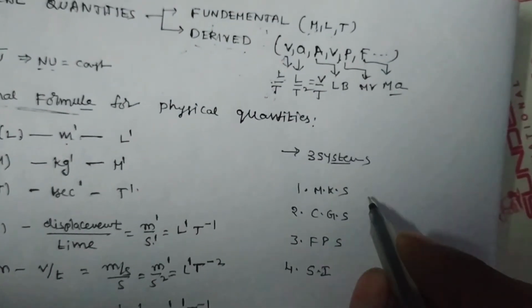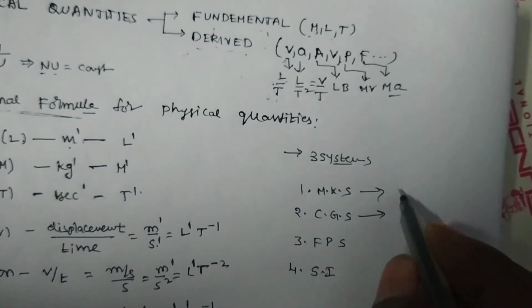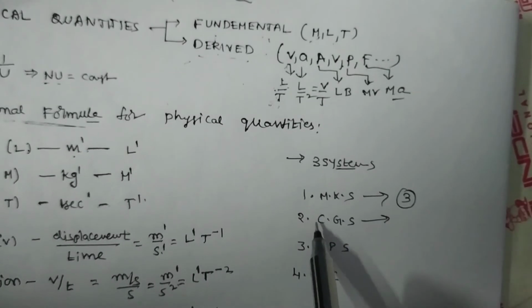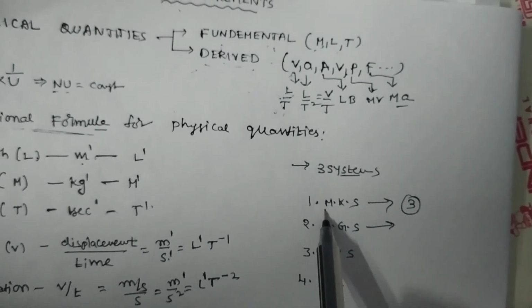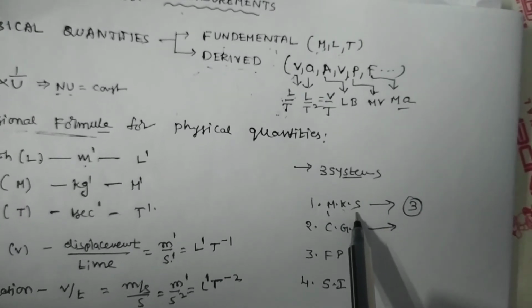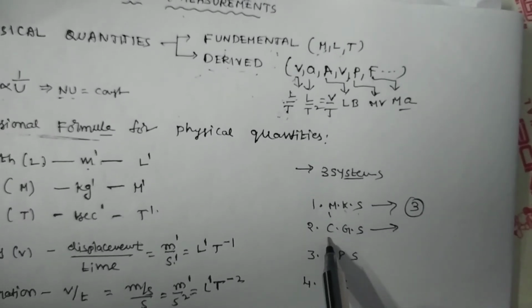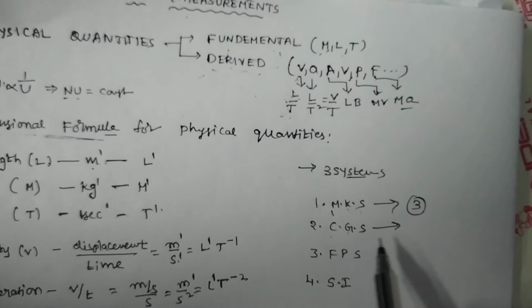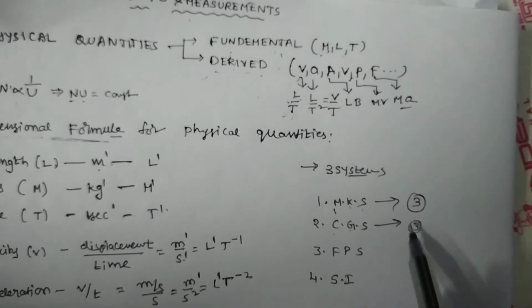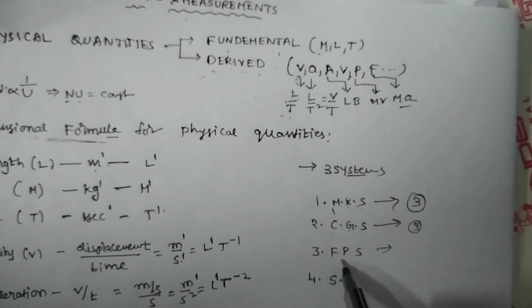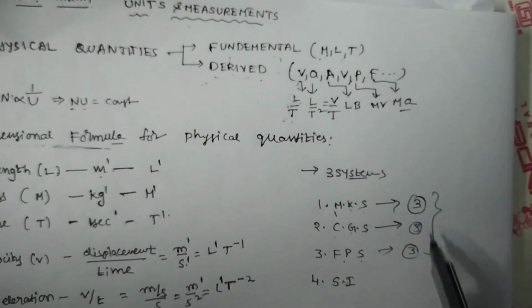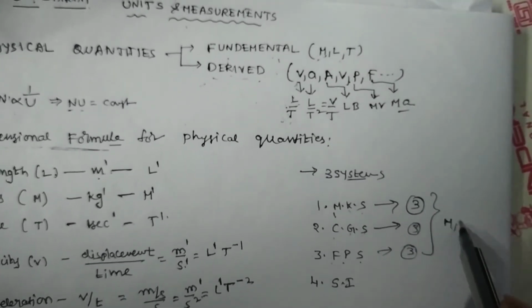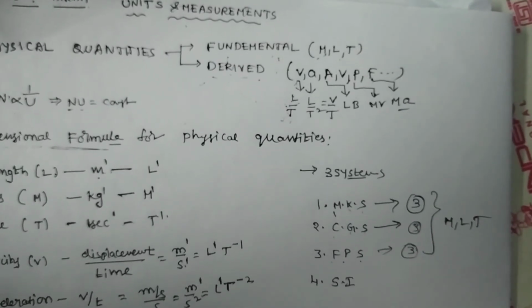In the MKS system there are three fundamental quantities: meter, kilogram, second. In CGS: centimeter, gram, second, three fundamental quantities. In FPS: foot, pound, second, three fundamental quantities. In these three, only mass, length, and time are present.